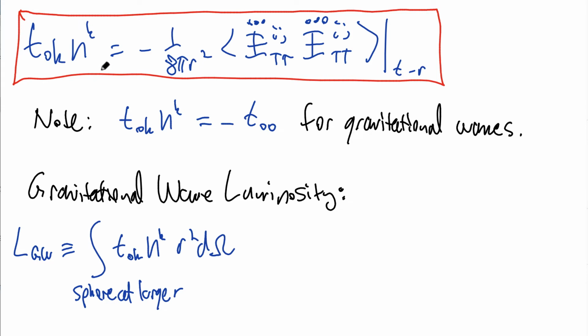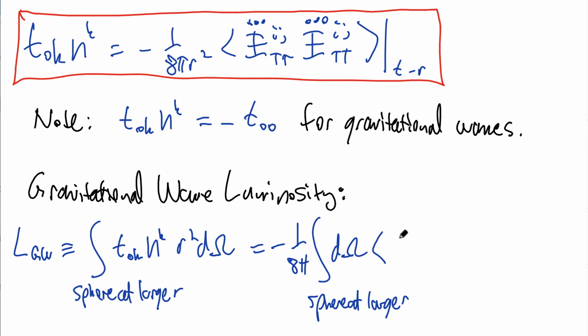Using our result for the energy flux, this is minus 1 over 8 pi times the integral over a sphere at large radius of d omega times the average of I bar triple dot_ij^TT, I bar triple dot_ij^TT evaluated at the retarded time.